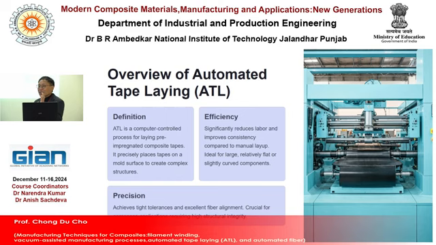Okay? So it is not possible for all kinds of composite systems, but if possible, we want to replace manual work by machine, automatic machine. So these days, with the advent of robotics development, we can build very sophisticated manufacturing robots even for composite materials.